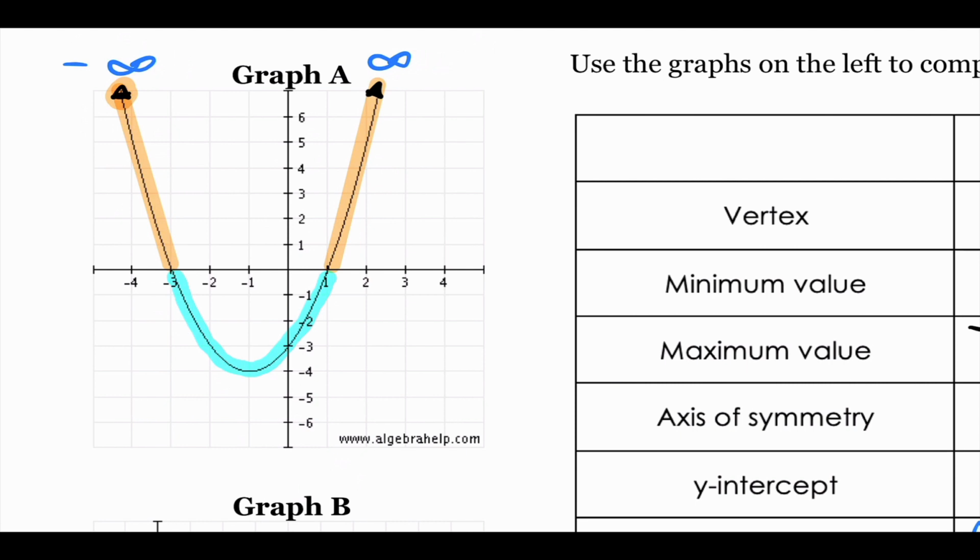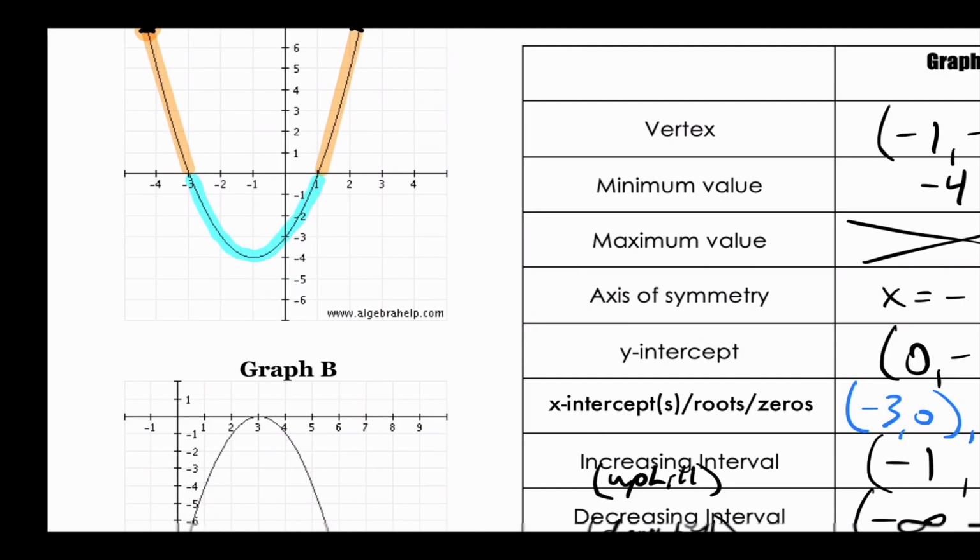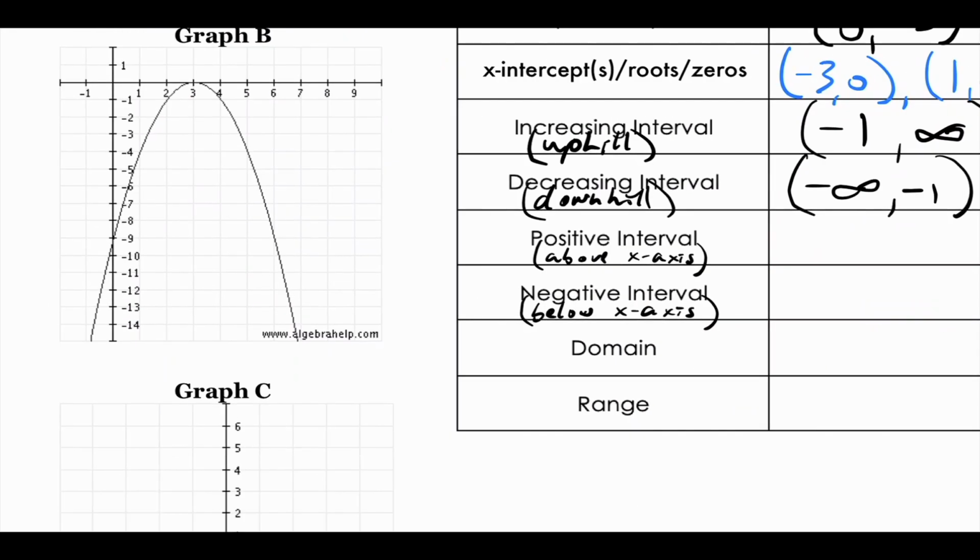At -3. And then when do I come up? +1. So I was below water, negative, from -3 to +1. That's when I hit the water, came back up, popped out at +1.